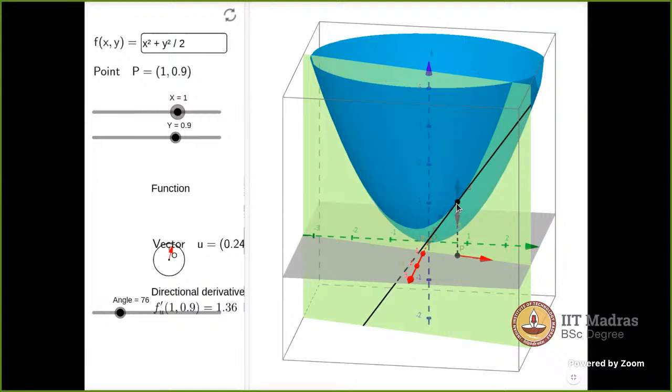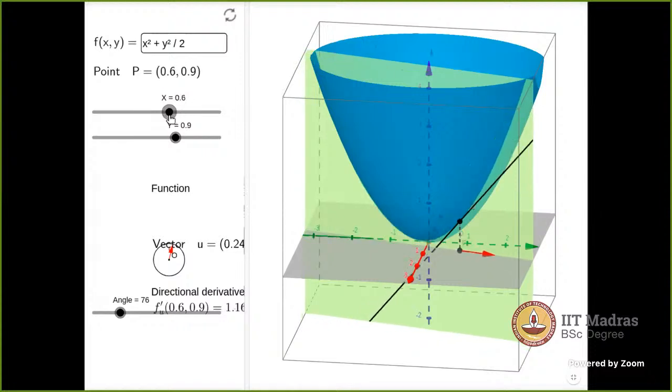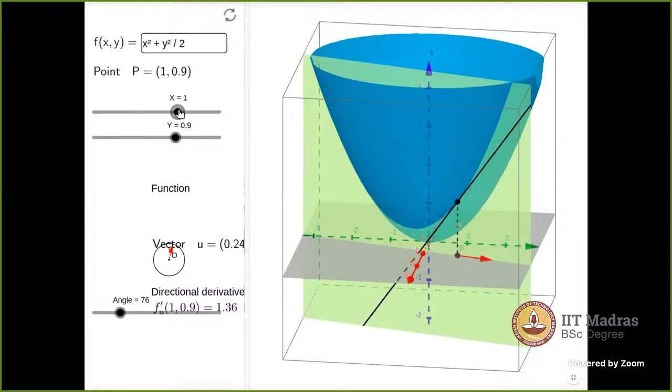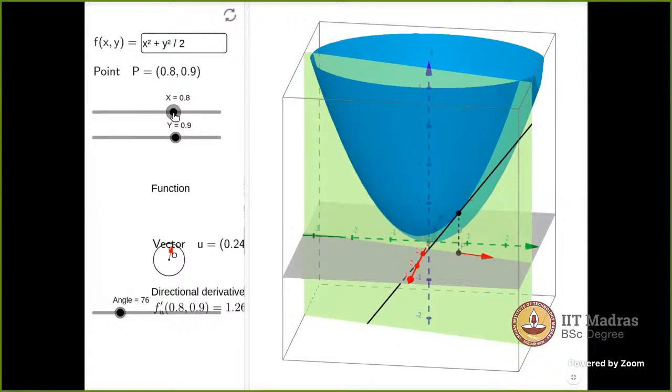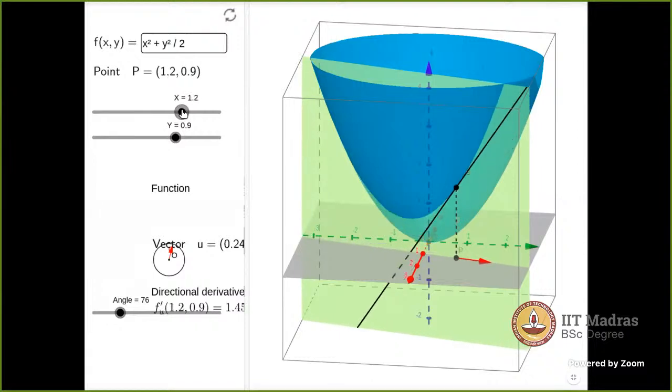At this point, how does the slope of the curve change in this direction, in this red vector direction, vector u? The slope of this straight line will give me the rate here. If we move this point, the slope will change, because we will get a new straight line passing through that point along this direction.